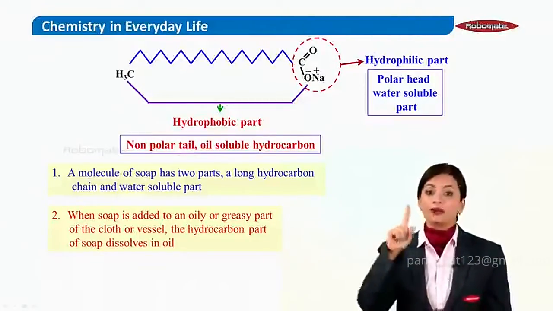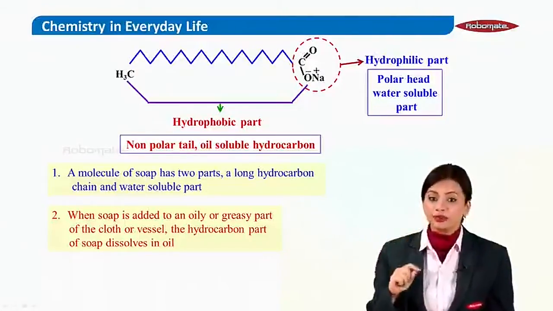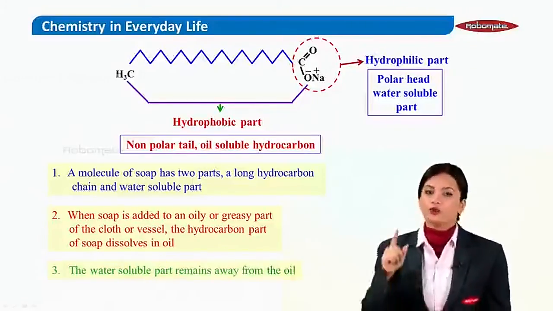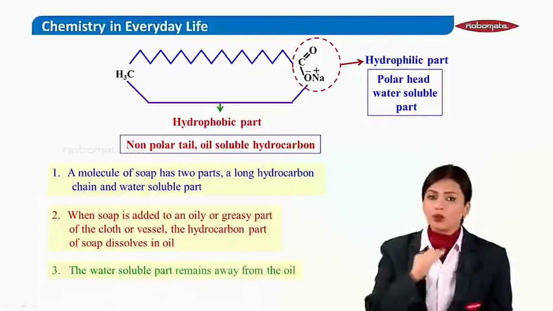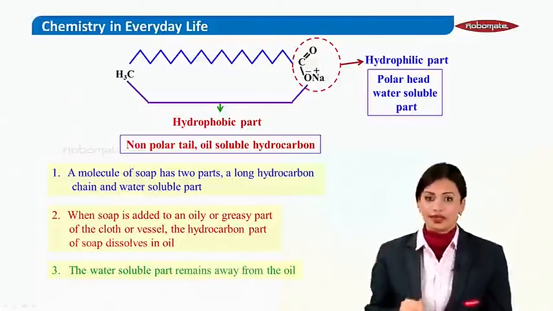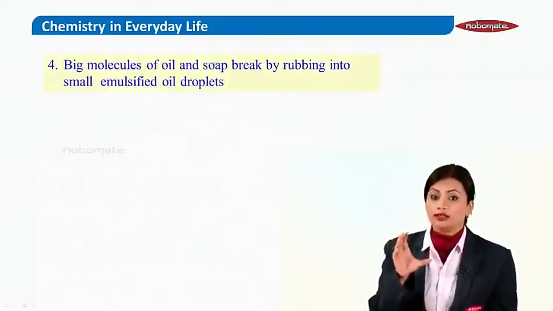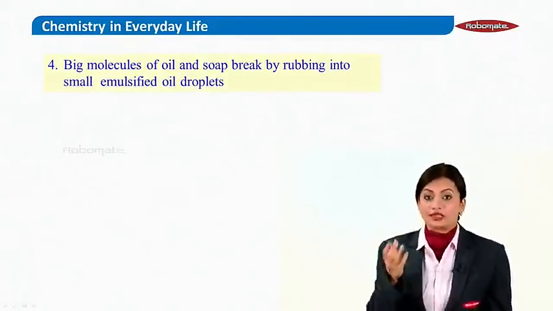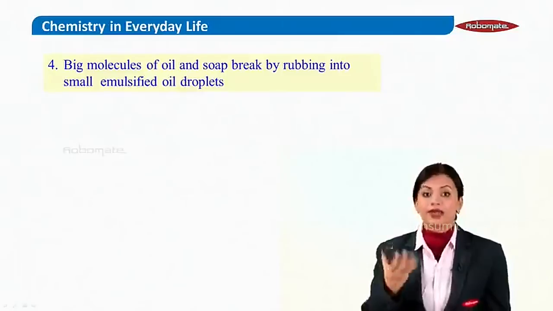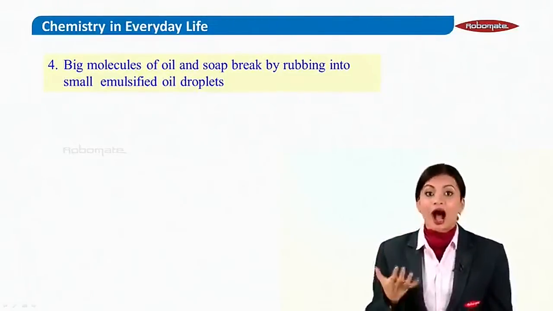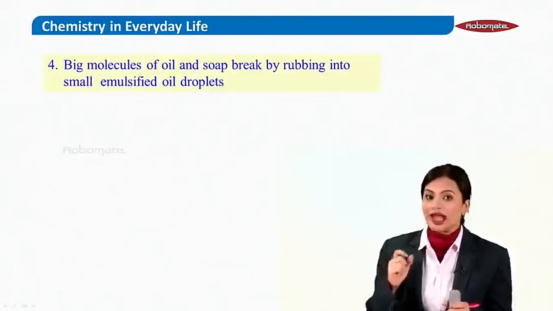The hydrocarbon part, which is oil soluble, goes and dissolves in the oil. And the water soluble part remains away from the grease or from the oil. Now what happens is the big molecules of oil which might be there on the vessel or in the cloth, they break. Also, the big molecules of soap break too. How? They rub into each other and they break.